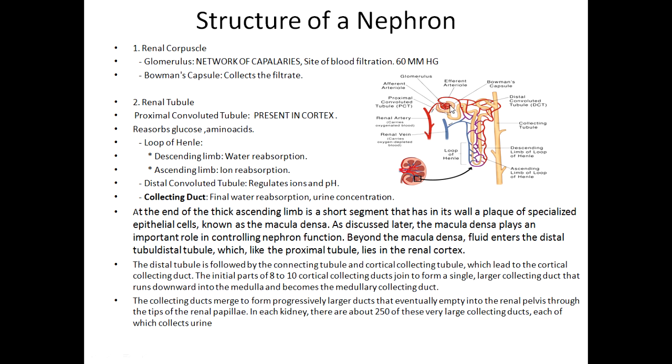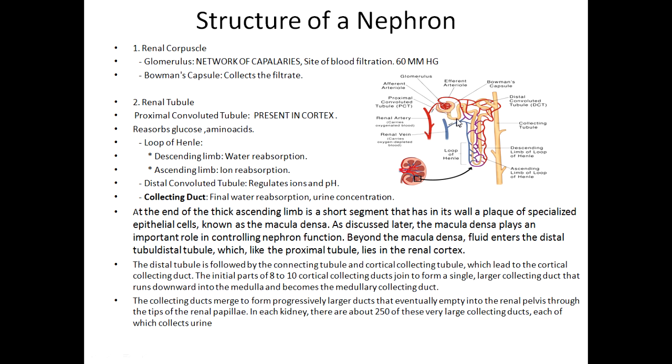So the glomerulus and the Bowman's capsule together are called the renal corpuscle. Two functions happen here: filtration of the blood in the glomerulus, and the filtered fluid is collected by the Bowman's capsule.